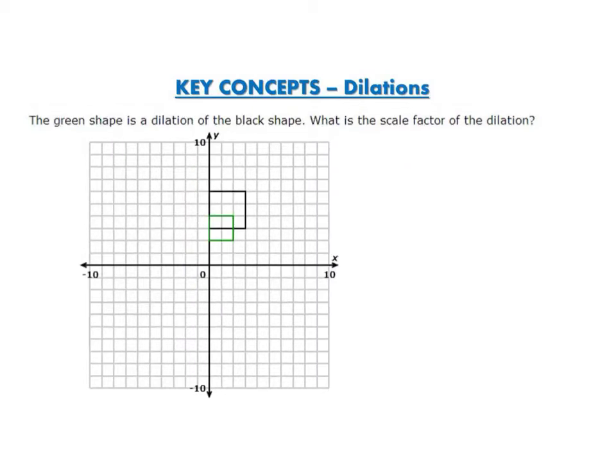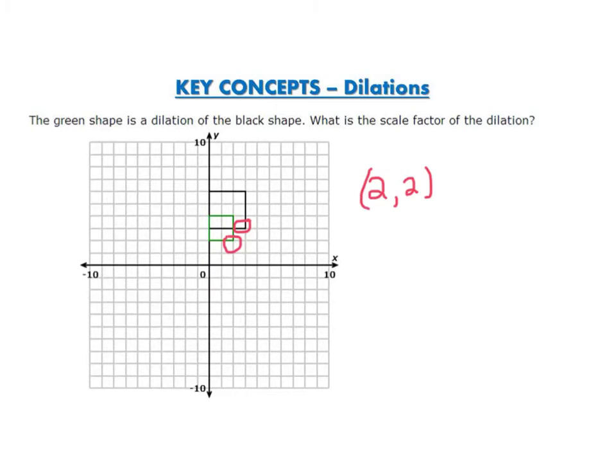The green shape is a dilation of the black shape. What is the scale factor of the dilation? Again, it is a reduction, and I'm going to pick a different point this time so you can see what I'm talking about. I'm going to use this point and this point. It is the bottom right. And on the green bottom one, it is 2, 2.